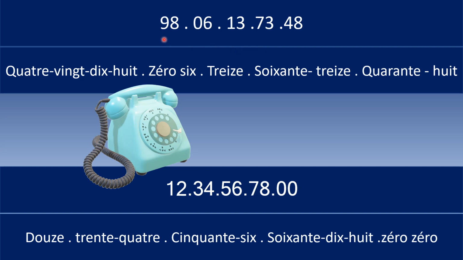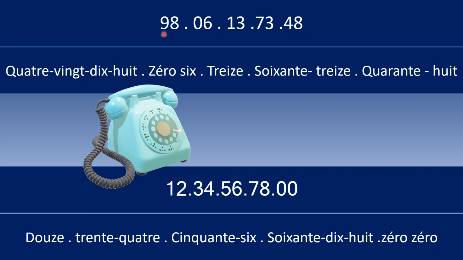So now you have seen that the first important thing is that we have to give the numbers in pairs. We have to put a dot. And now while writing the numbers, the correct way is writing them as 98, 06, 13, 73, and 48. Clear? So we'll read it in French now.